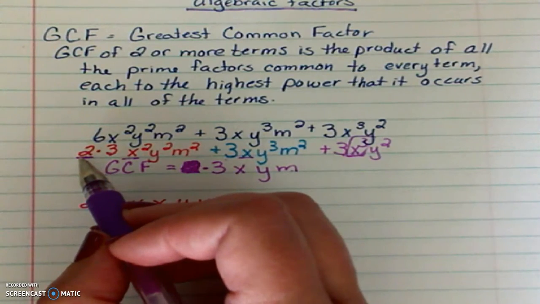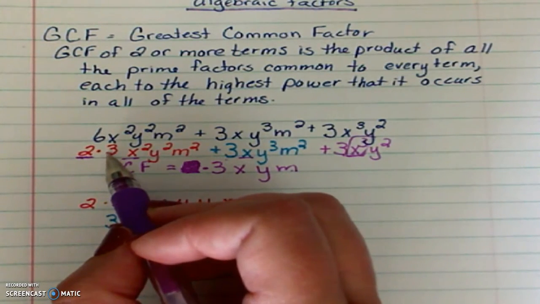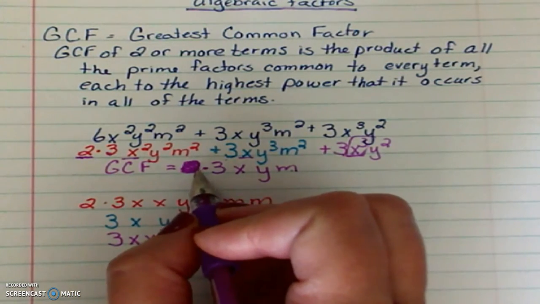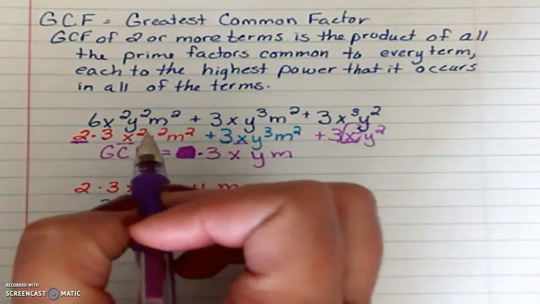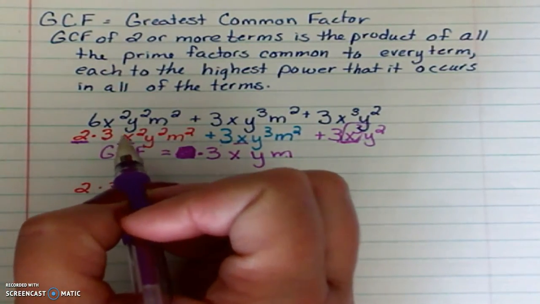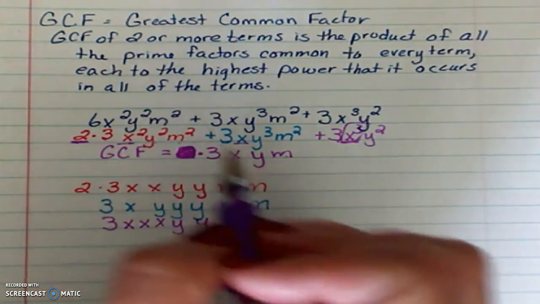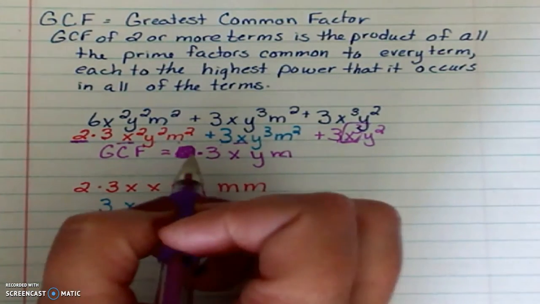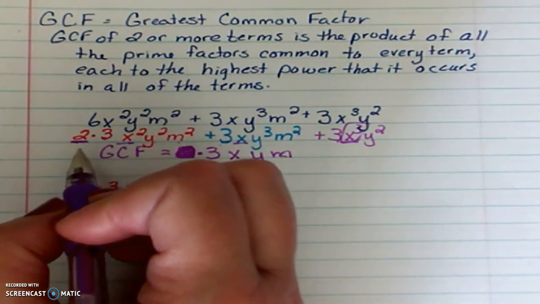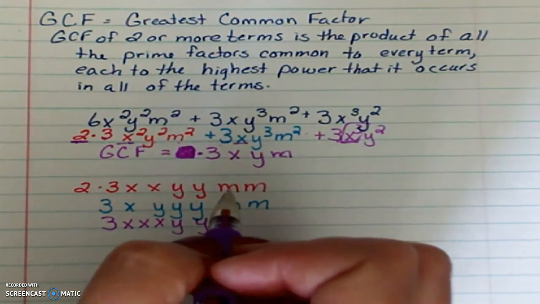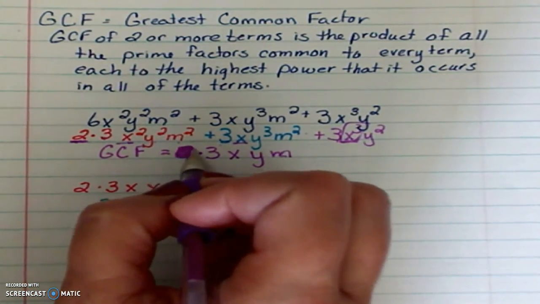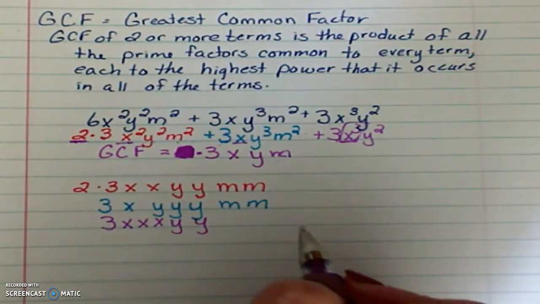So I have a factor of 2, I have a factor of 3, an x, a y, and an m. You have all of those factors, and as you look at it, you have this 2, but it does not occur in every single term. Therefore, that is not part of the greatest common factor.